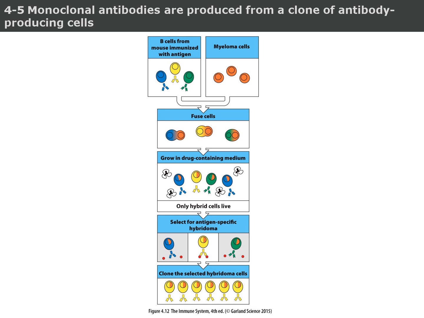The fused cells are then grown in a drug-containing medium. In this medium, only the hybridoma cells survive. Unfused B cells die naturally, and myeloma cells are eliminated by the drug. From the surviving hybridomas, scientists select the ones that produce antibodies specific to the antigen of interest.